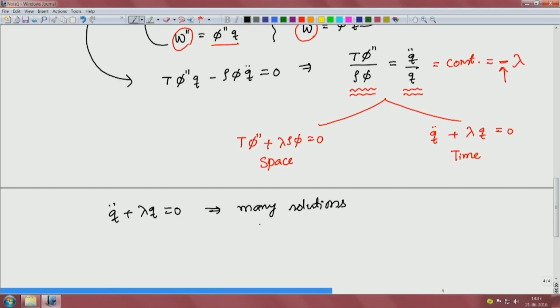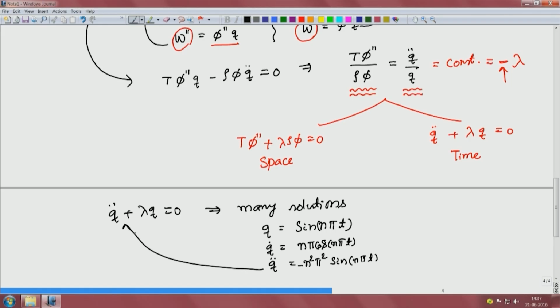For example, if I say q equal to sine n pi t, then q dot is n pi cosine n pi t, and then q double dot is equal to n square pi square, back to sine with a minus sign, n pi t.